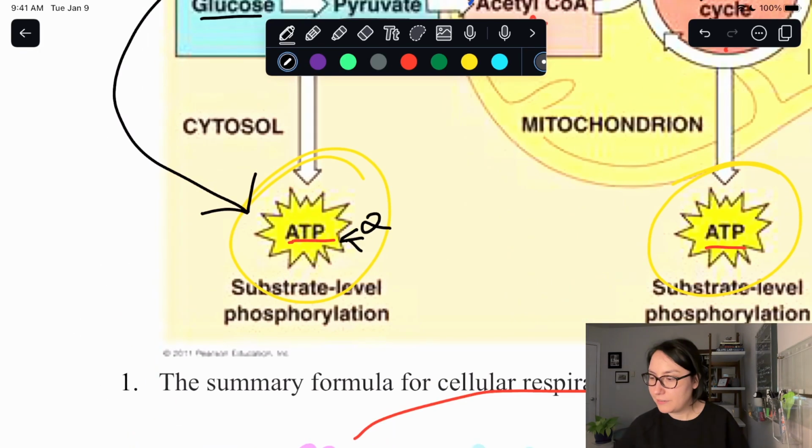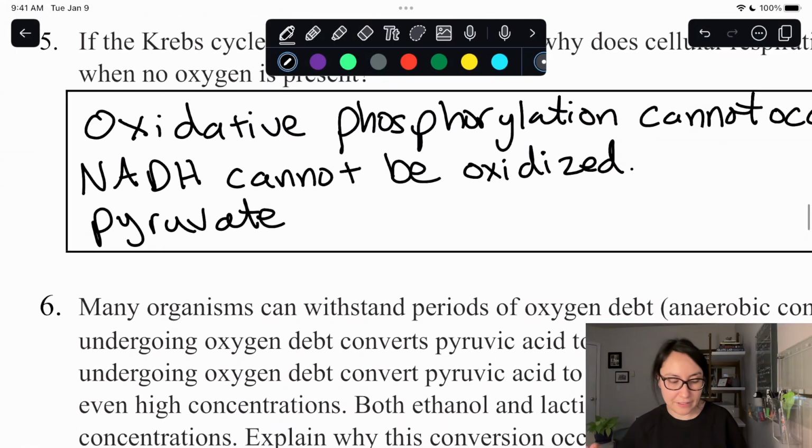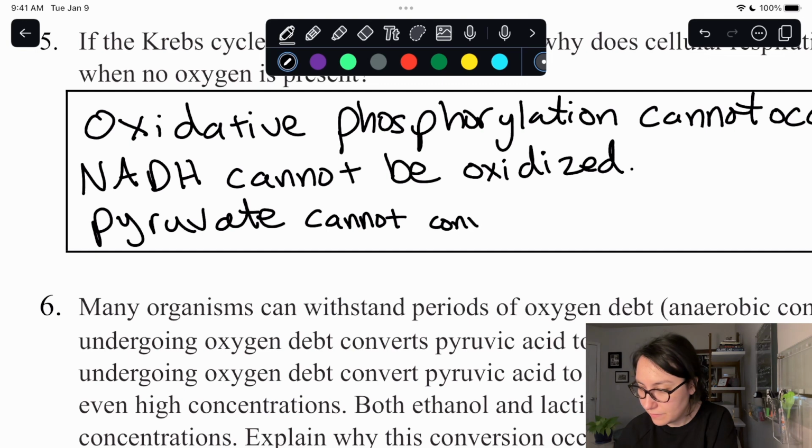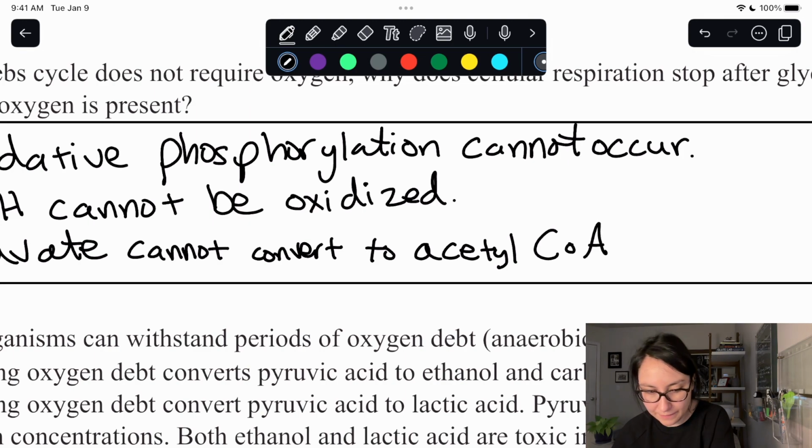We go ahead and go back down, all the way down here. So now the pyruvate basically cannot convert to acetyl-CoA.